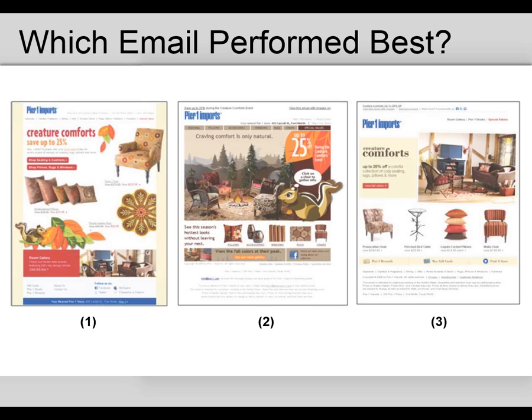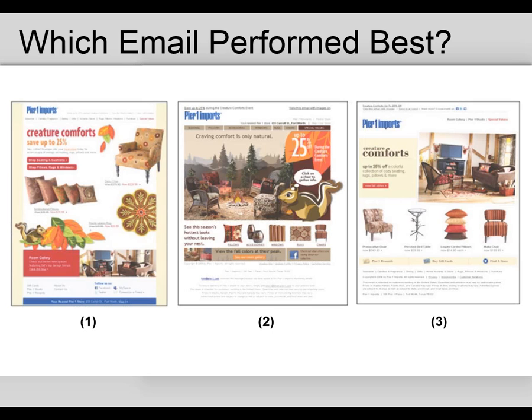Each of these emails was designed by top ranked, award-winning agencies. And they are all the same email, just different versions of that email. So I would like for you to all look at these 3 emails. Let's see if this works.